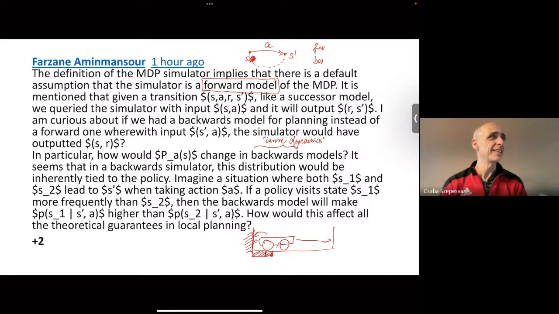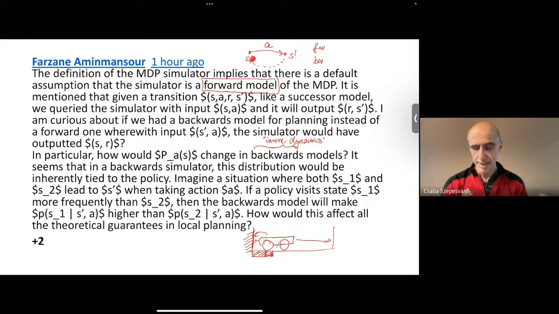But I think it's better to avoid this if one can, because these backwards models are going to be limiting, right? A lot of times they're not well defined, and it makes me worried that we are losing the baby with the bathwater if we start working with backwards models, or inverse models. So I wouldn't do it.